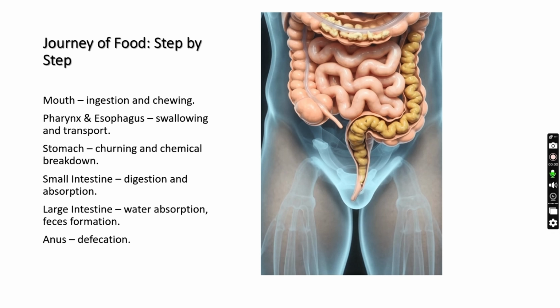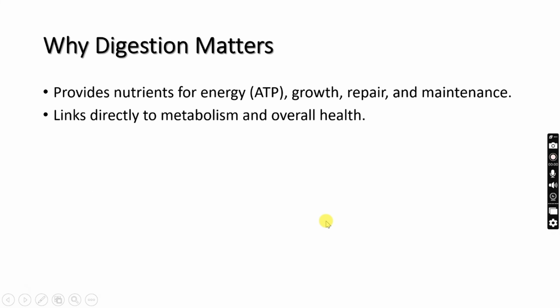Next, the chyme enters the small intestine, the main site for digestion and nutrient absorption. The liver, gallbladder, and pancreas release their secretions here to aid in this process. What's left moves into the large intestine, where water is absorbed and waste is formed. Finally, the remaining material is expelled through the anus.